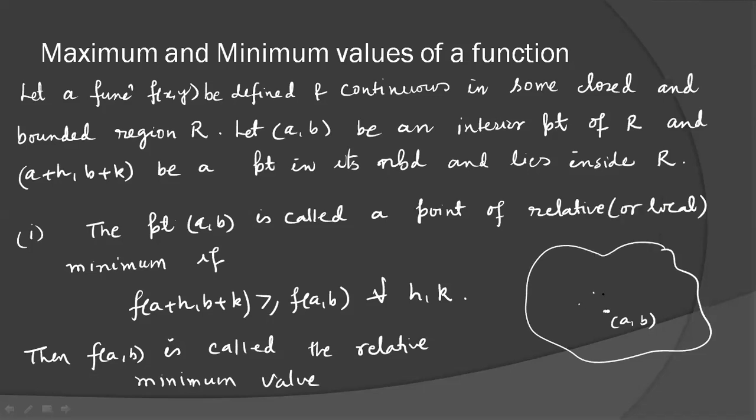H and k can be negative and positive, any value, and these are the neighborhood values. If h and k are very small and the value of the function f(x,y) at these points is greater than or equal to the value at (a, b), then this point is called the point of minima, and the value is called the minimum value.